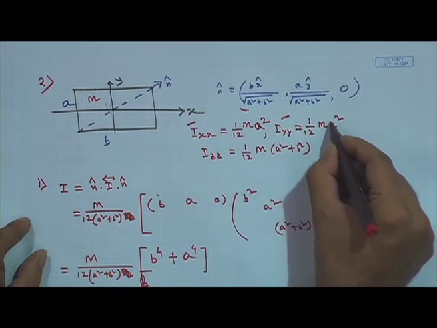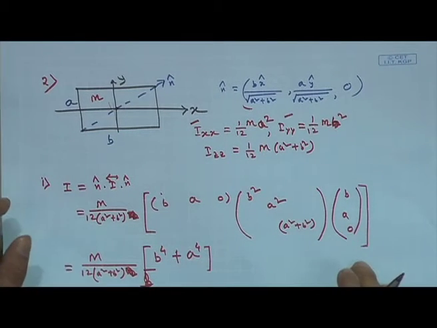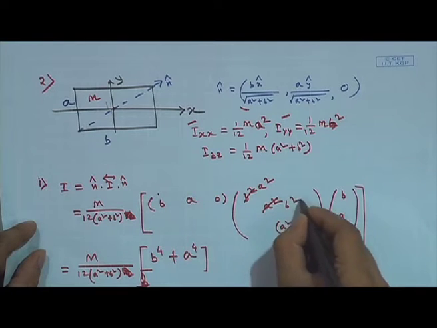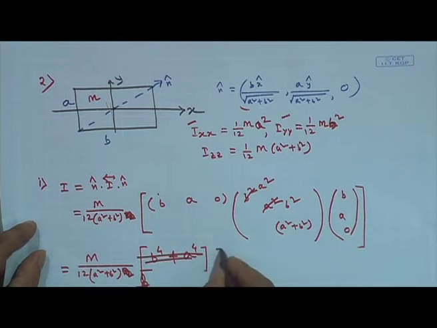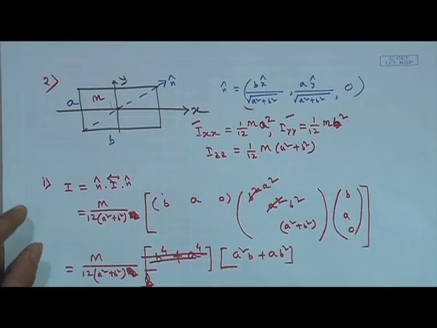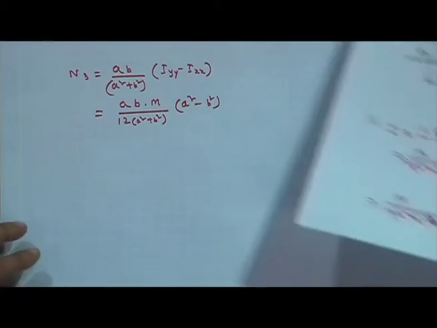So it will be a squared and this will be b squared. So all of this will be a squared and b squared. So instead of this, it will be a squared b plus a b squared. The dimension remains the same, only some change.